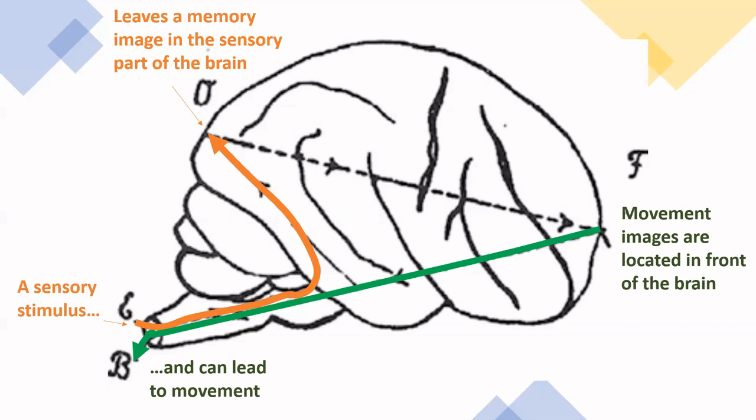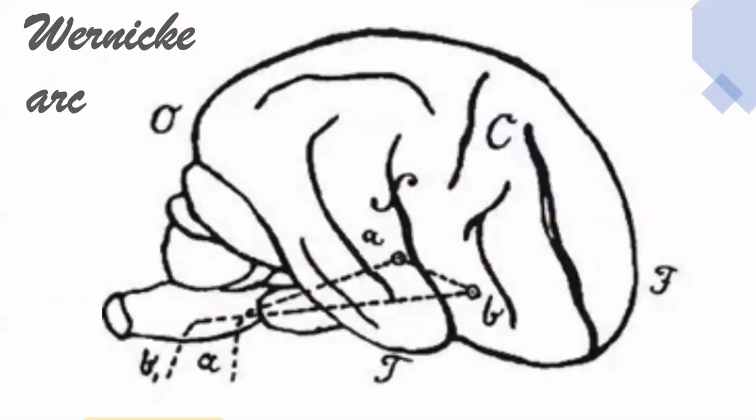Now, Wernicke believed that the sensory system and the motor system were connected with one another, and he believed that these connections were actually quite variable. There was not one specific connection, and the strength of the connections also depended on how often they were used, and so on. But this is basically the thing Wernicke believed in. He believed this is how our brains worked, and he believed that this also applied to language.